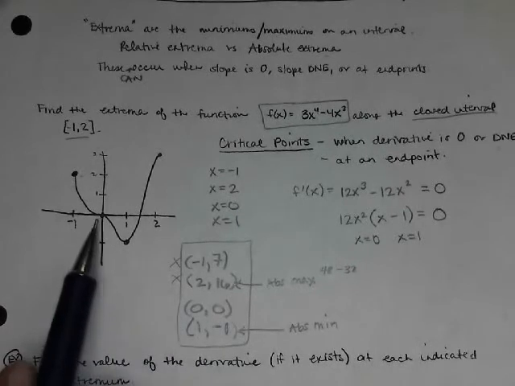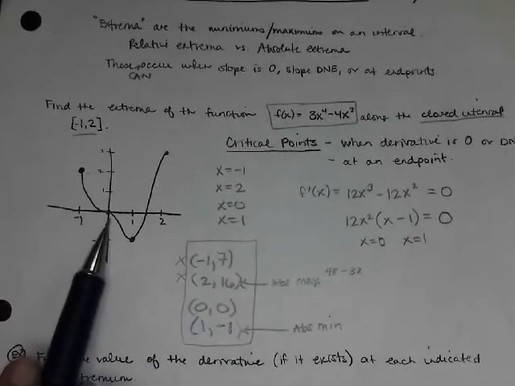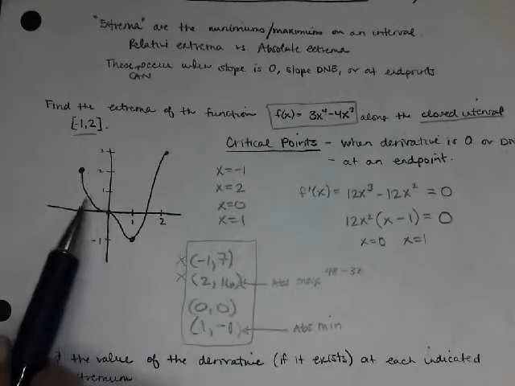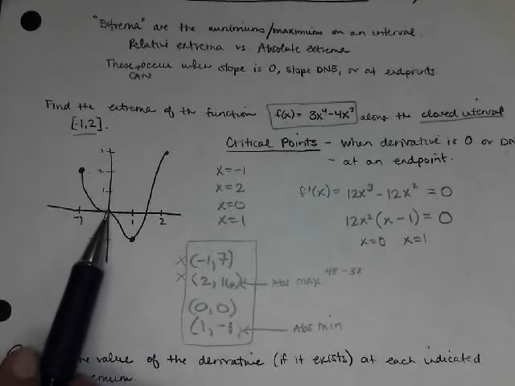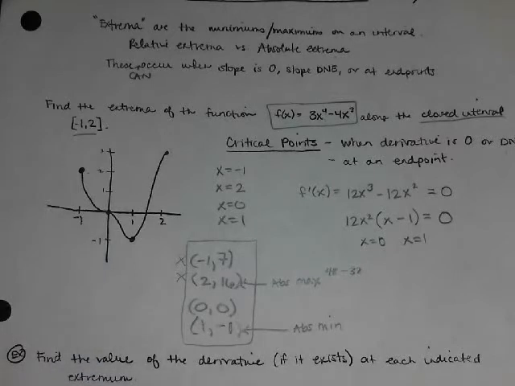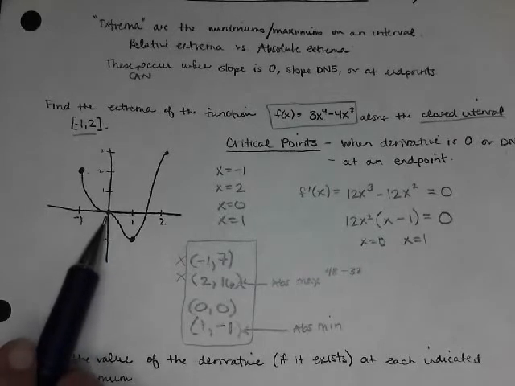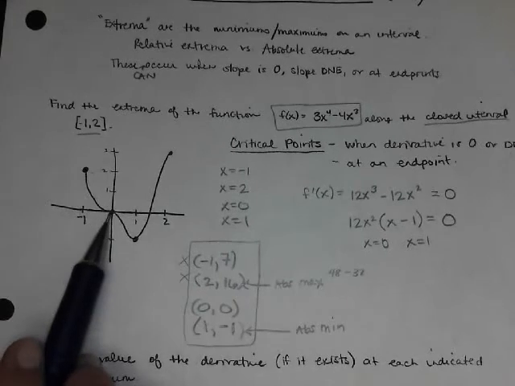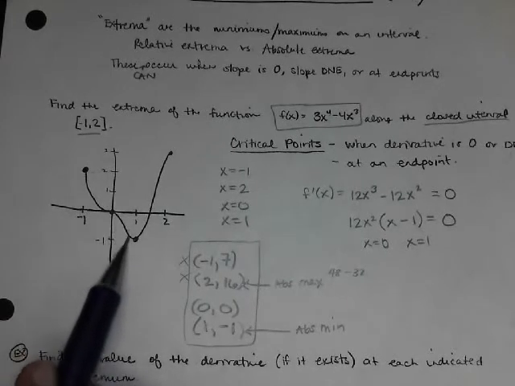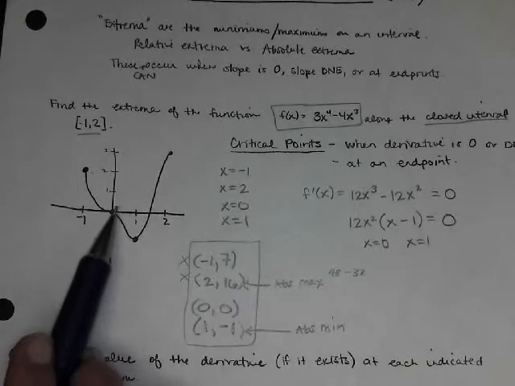But if we wanted to see if 0, 0 was a relative minimum, we would need to be sure that prior to it, it's either increasing or decreasing, and then on the other side, it would have to be doing the opposite. So for example, in this 0, 0, it is decreasing coming into it, but it's also decreasing coming out of it, so it hasn't turned around.